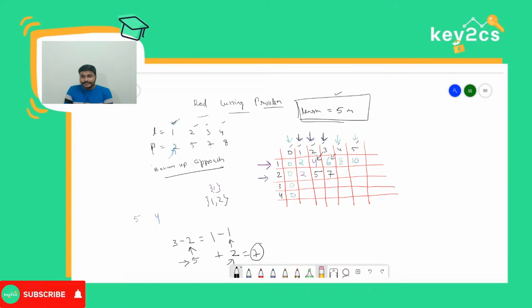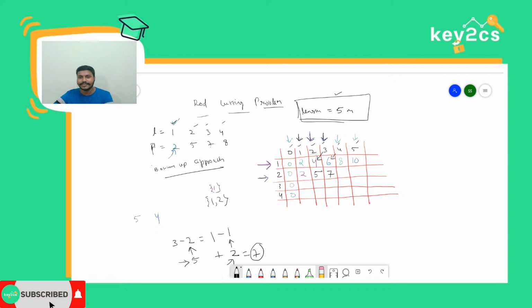Now if the question was that the total length of rod you want to sell is 3 meter, the question would give you the profit values for selling rods of all possible lengths up to 3 meter. So what is the solution? What is the maximum profit?